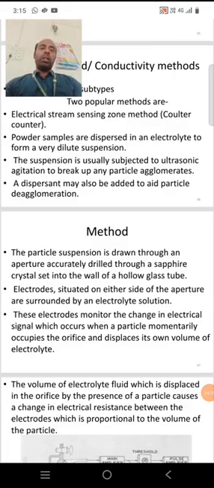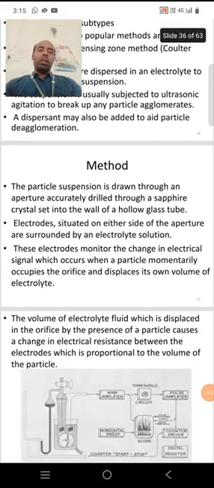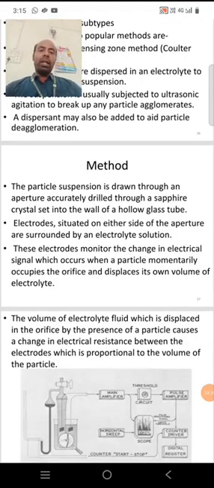Conductivity method is the measurement of conductance by the Coulter counter method. A dispersing agent may also be added to aid particle de-agglomeration. The particle suspension is drawn through an aperture accurately drilled through a sapphire crystal set into the wall of a hollow glass tube.